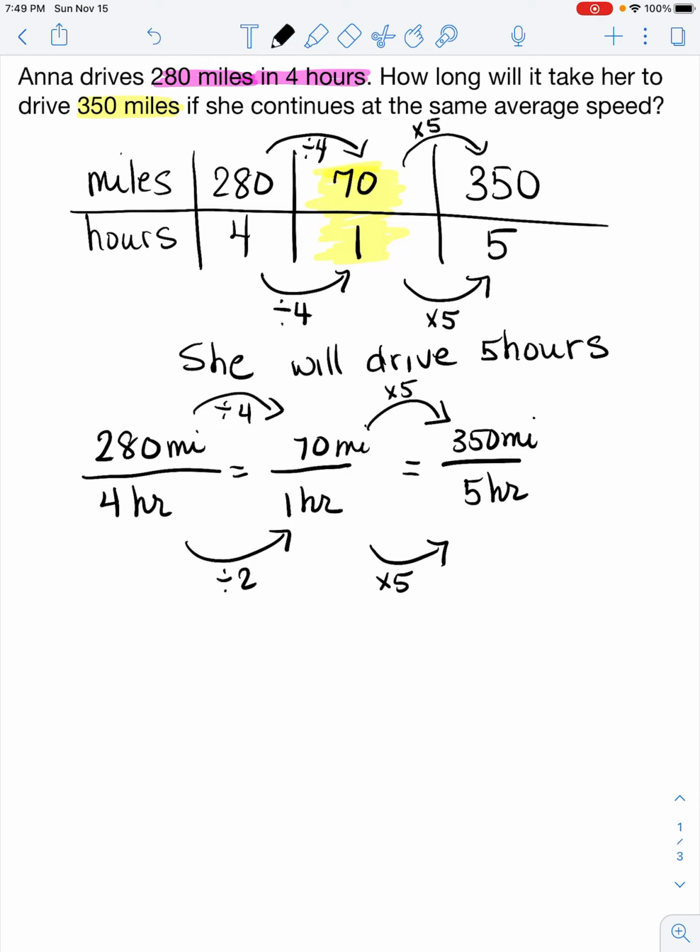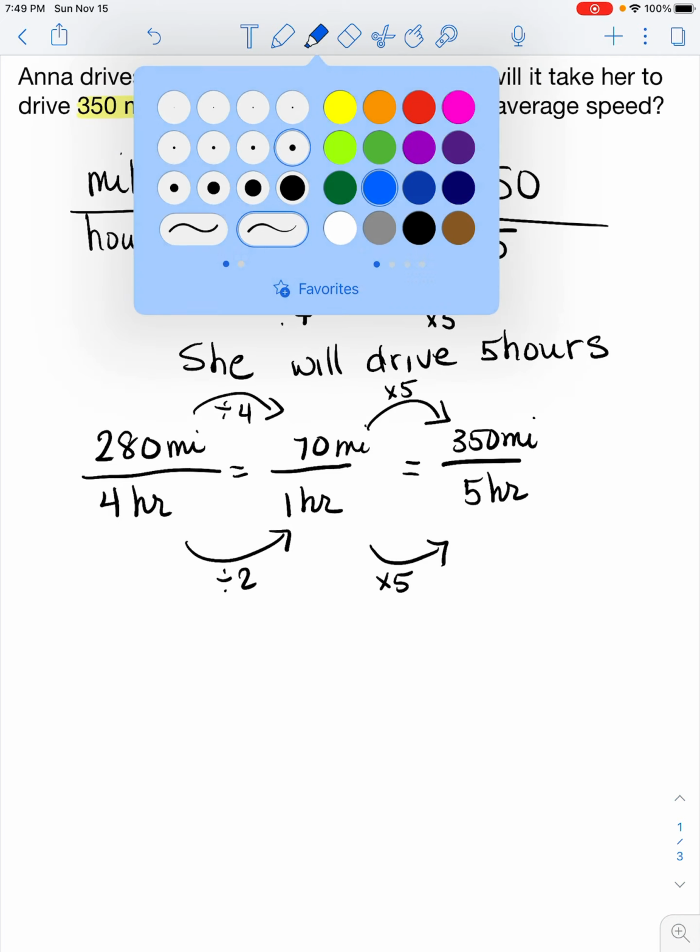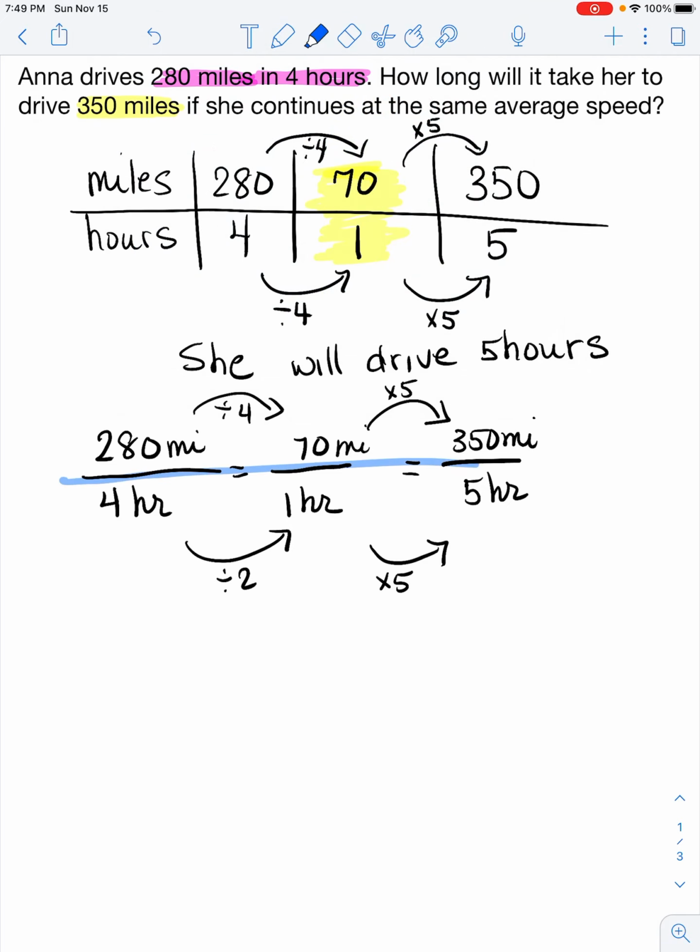And if you look closely, you can see that even though it's presented as a proportion instead of a ratio table, I could kind of do this. Look at what I can do. If I did this, it pretty much looks exactly like our ratio table.